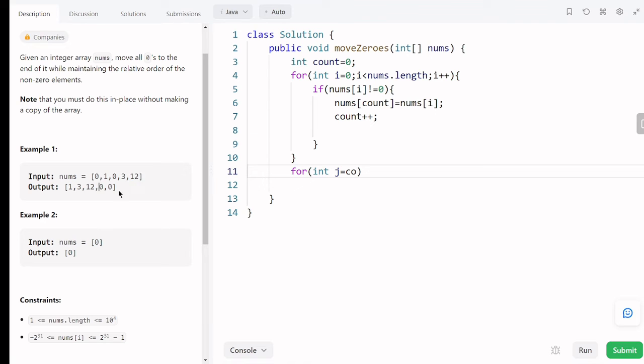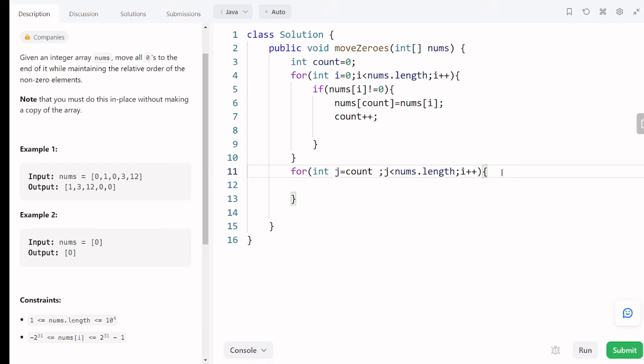After 12 I put 0 0, so starting is count, and the ending position is nums.length. Count is 3 because the non-zero numbers are 1 3 12, starting at 3 and ending at 5.